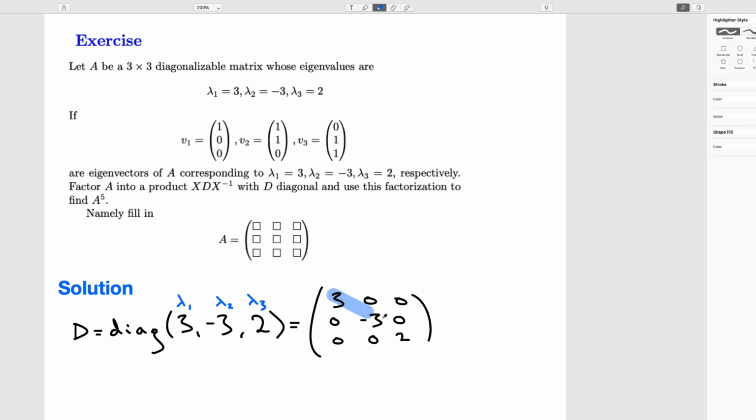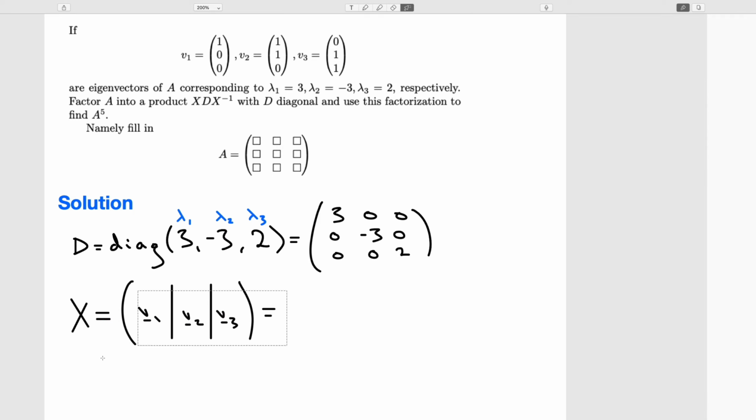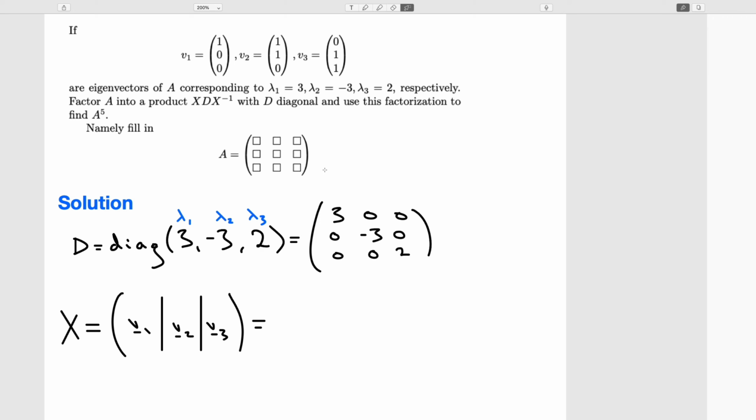Great, right, this part. Next, what about X? So X, I usually use P, but this time I used X. X is the matrix whose columns are V1, V2, and V3. Okay. In other words, and I used round brackets here, sometimes I use square brackets, it just varies depending on my mood. Both are accepted in the literature.